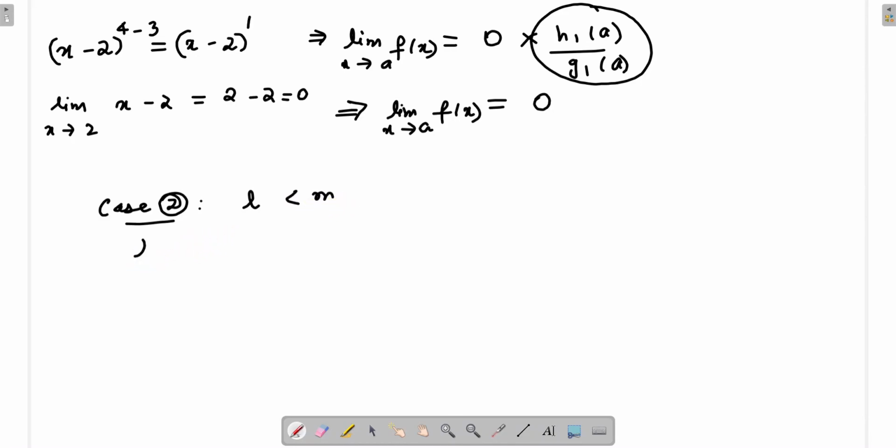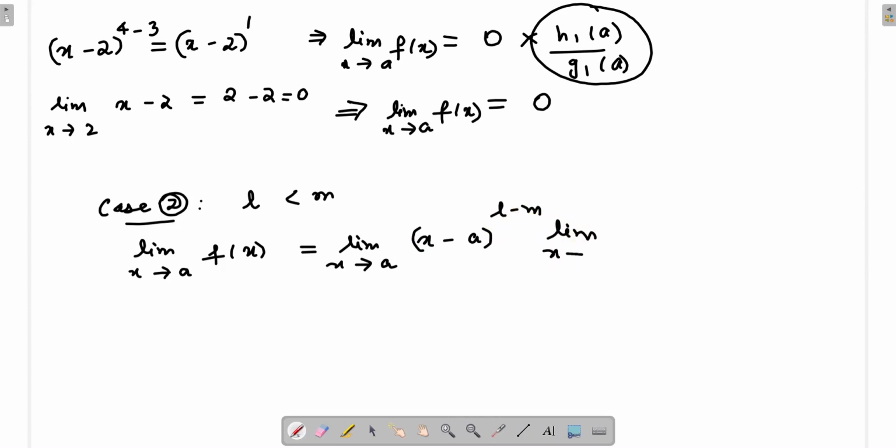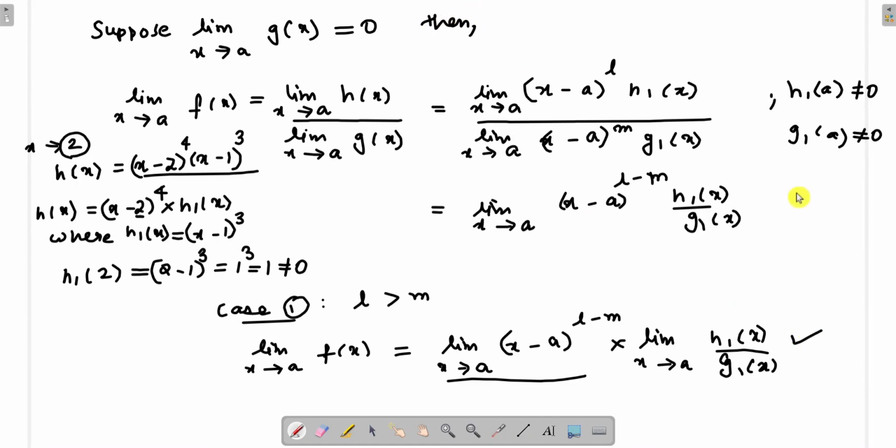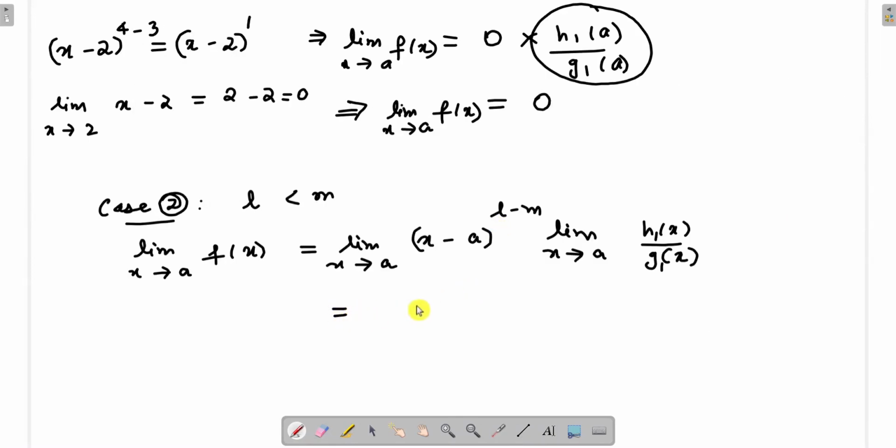Okay, and then we have to again look at limit x tends to a of f(x), that is nothing but limit x tends to a of (x minus a) raised to l minus m times limit x tends to a of h1(x) divided by g1(x). Okay, here we have that.